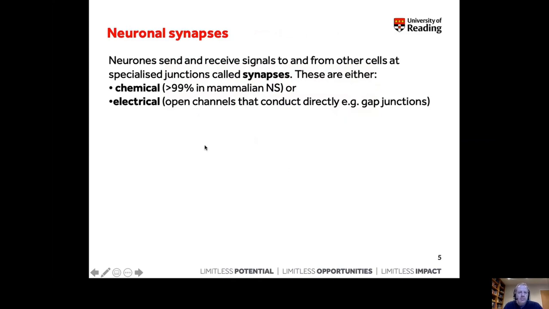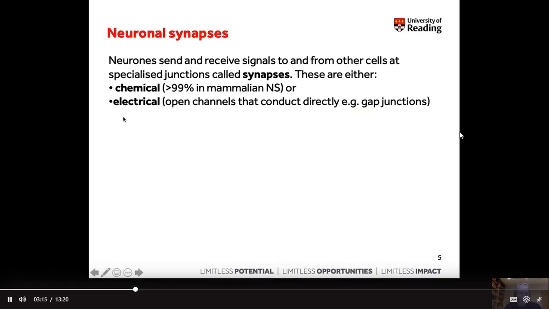So this is maybe just a point of interest before we get into talking about neuronal synapses in a little bit more detail. If we'd been having a similar lecture maybe 150, 200 years ago, and I was to ask people listening what they thought was the nature of a synapse, was the signal passed by electricity or by a chemical?